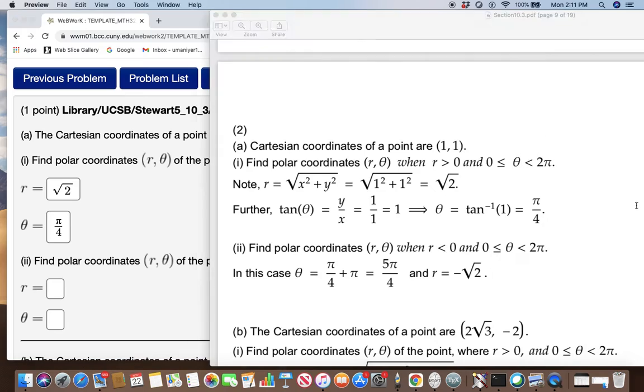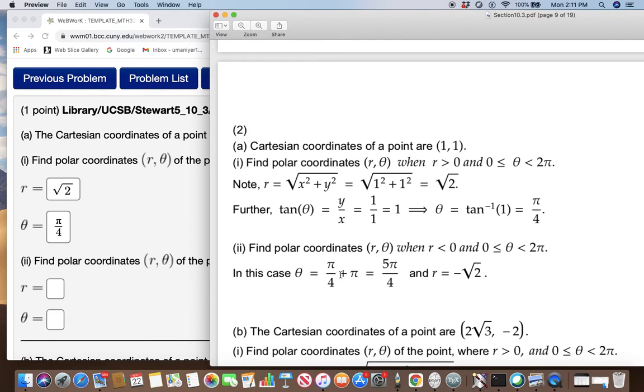All right. Now, when I take r negative, I have to take the negative root. So r is negative root 2. In this case, if it is on the negative side, my theta has to go around pi radians more. That way, with the negative radius, I'll fall back to 1, 1. You notice pi over 4 is in the first quadrant.